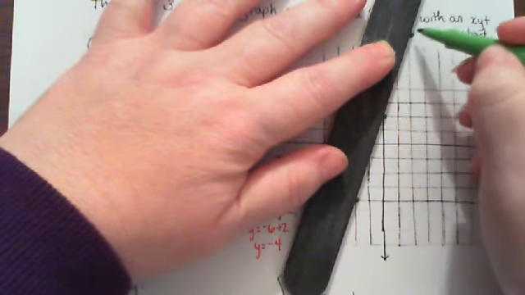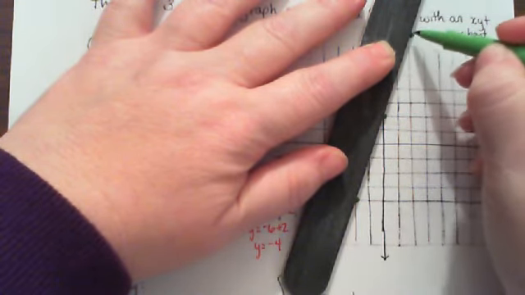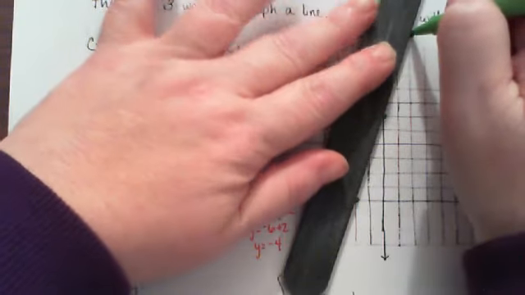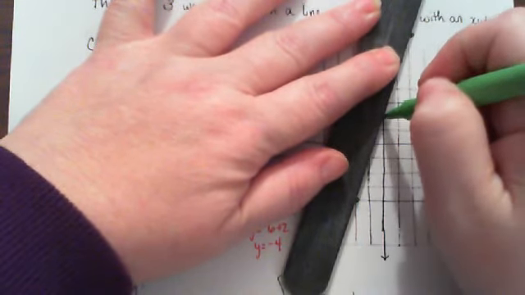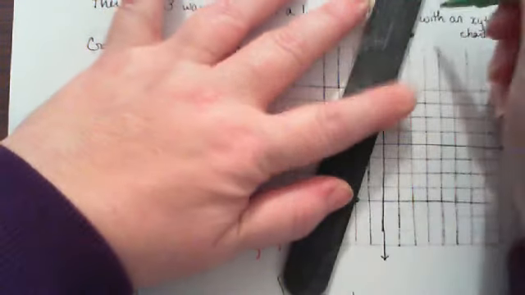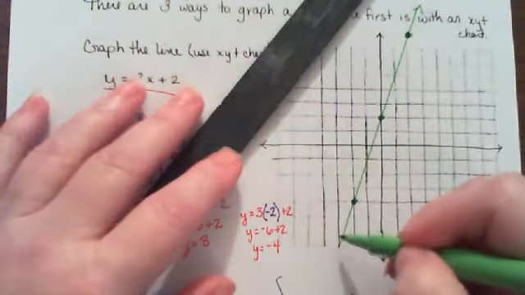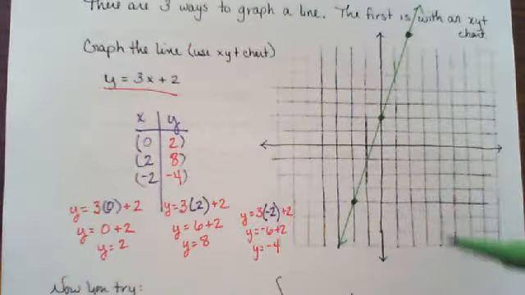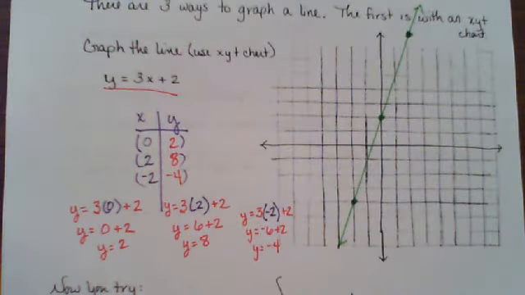I also can check and make sure by putting my pen down right here that it actually lines up with each one before I ever draw my line. Now you need to make sure that you put arrows on your line because that tells you that it keeps on going forever and ever in that direction.